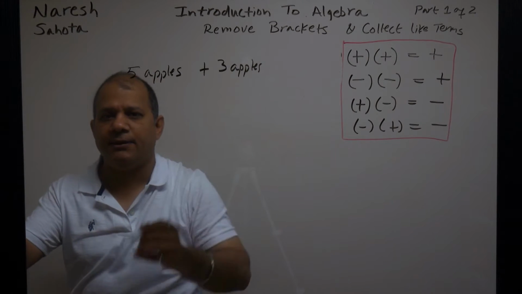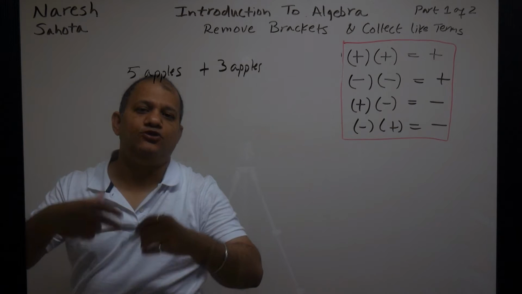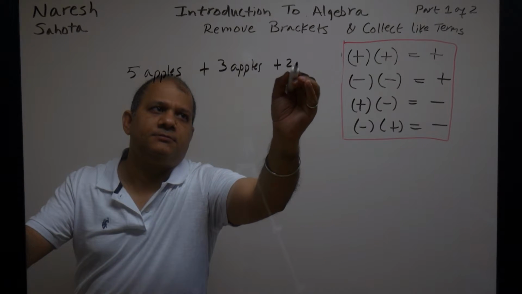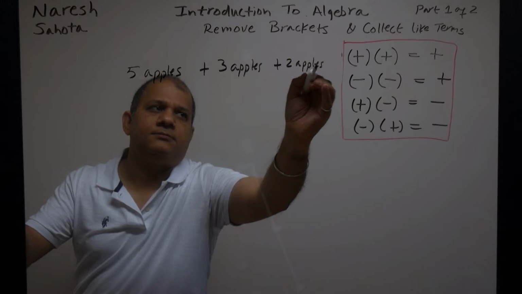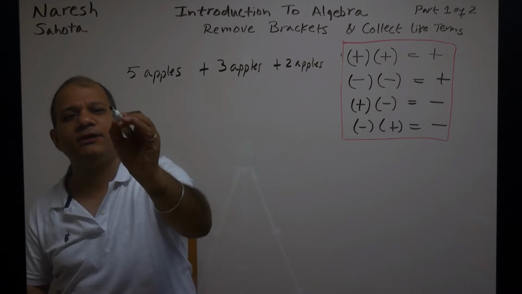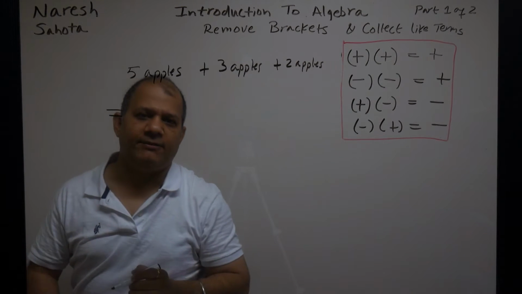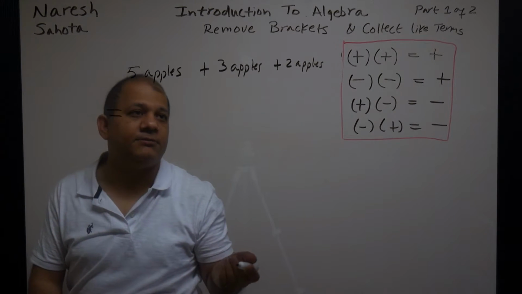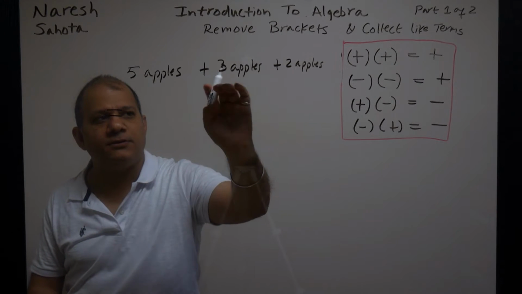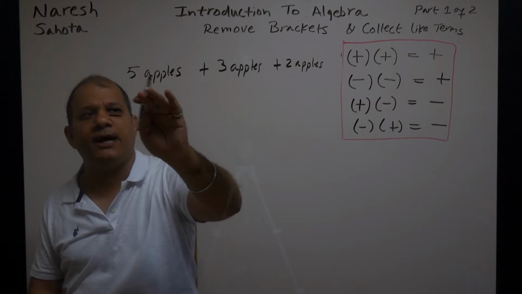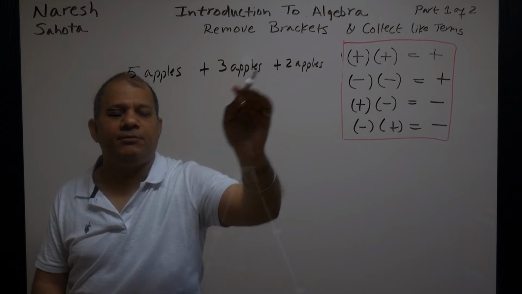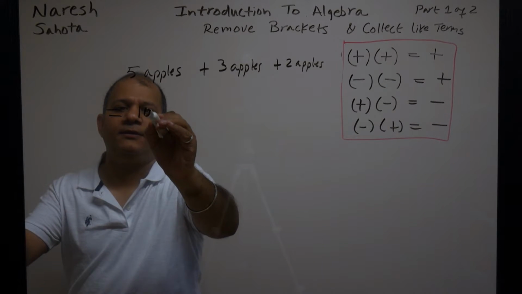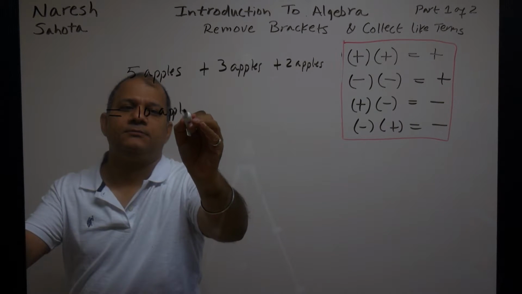And then you get, let's say, 2 more apples. So the question is, how many apples do we have altogether? Well, we simply add them. 5 plus 3 is 8. 8 plus 2 is 10. So altogether I have 10 apples.